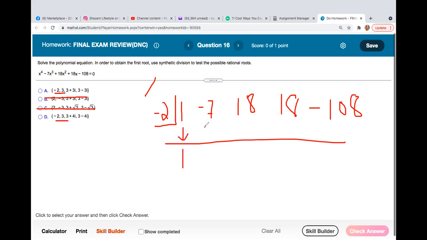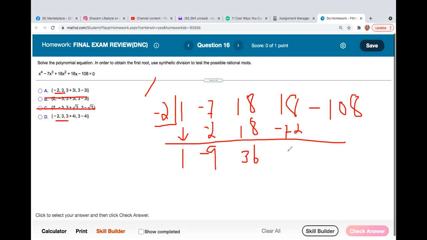Drop the 1. 1 times -2 is -2. We add, we get -9. -9 times -2 is positive 18. Positive 18. Add them together, you get 36. 36 times -2 is -72.